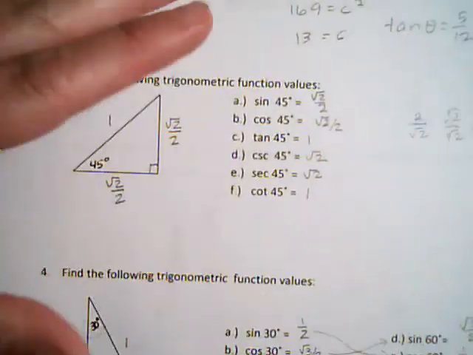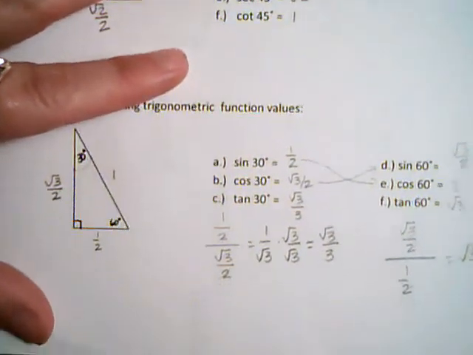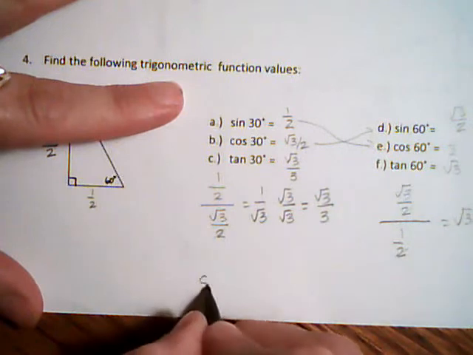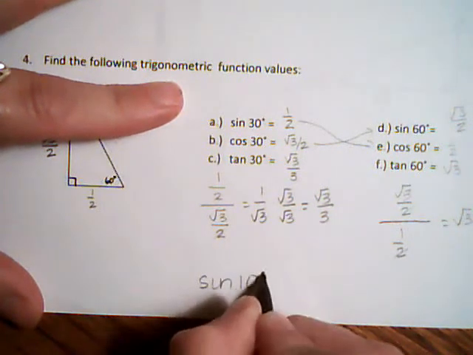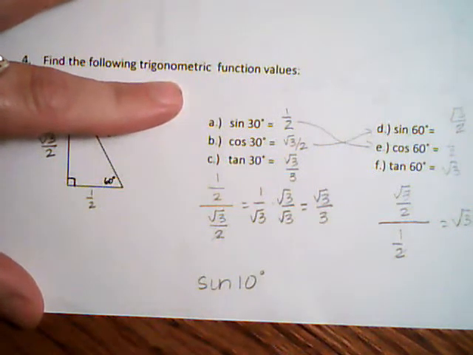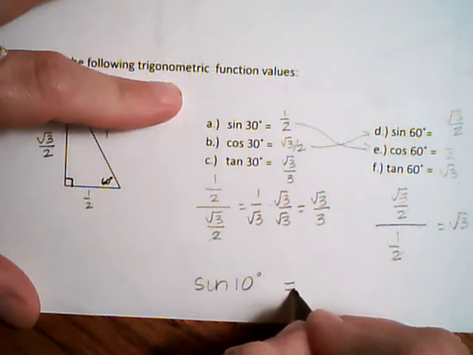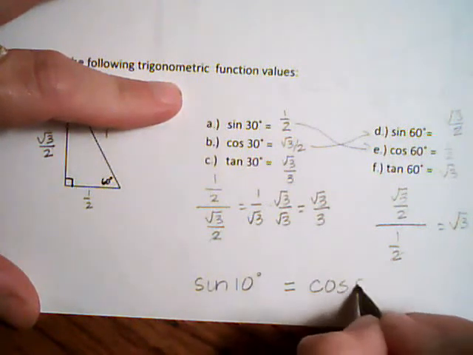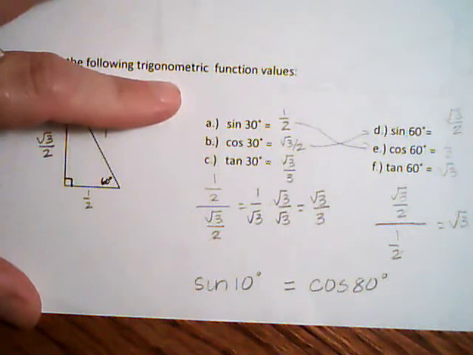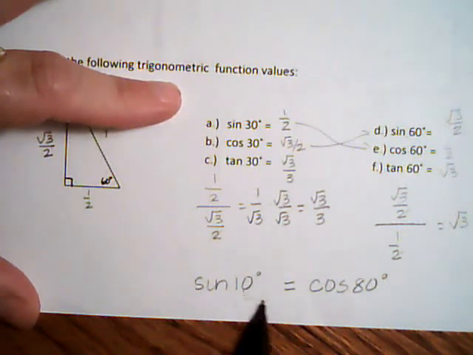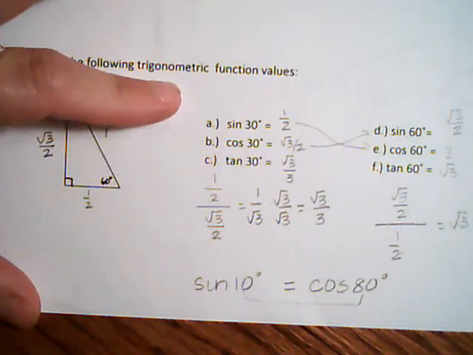Okay, so for example, if I had an angle, let's say the sine of 10 degrees, well, what's the complement to 10 degrees? What would add up to be 90? That would be 80. So that would equal the cosine of 80 degrees. So as long as the angles are complementary, the sine of one will equal the cosine of the other.